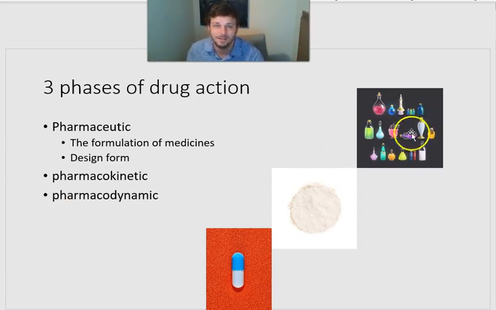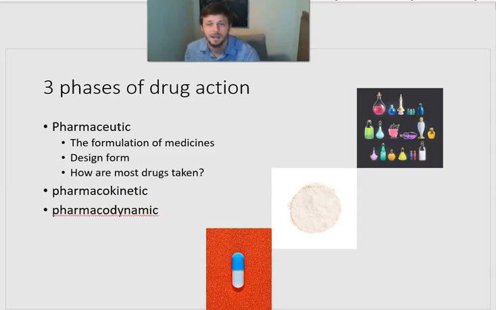So drugs can come in a bunch of different forms, from powdery substances to pills to liquids to shots, creams, ointments, a lot of different types of forms of pharmaceutics. Just kind of off the top of your head, think about what is the most common way that we get drugs into our body.